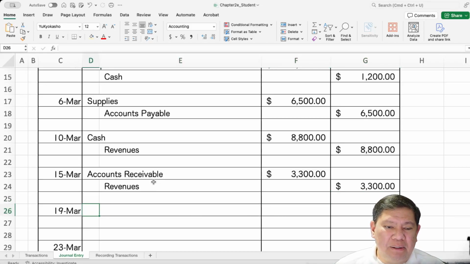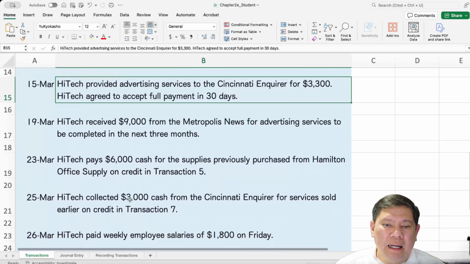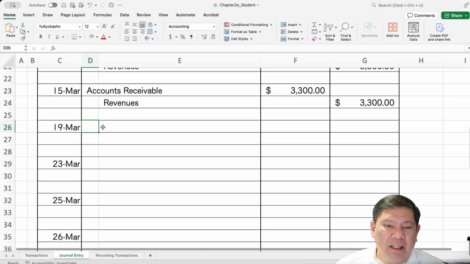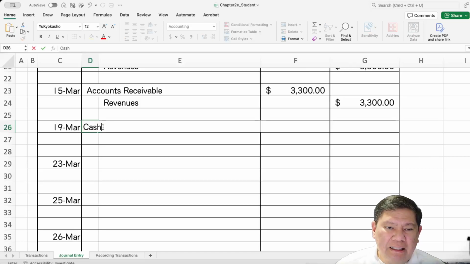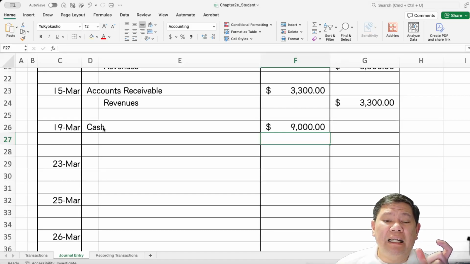March 19, received $9,000 from the Metropolis News for advertising services to be completed in the next 3 months. So we received cash, $9,000, but because it's for services that will be provided in the future, that's not revenues.